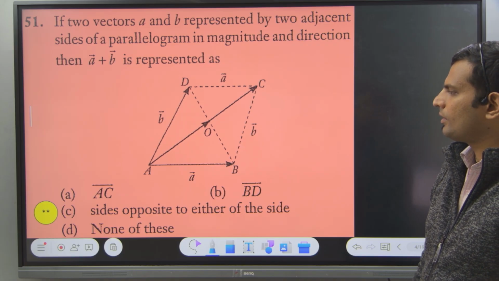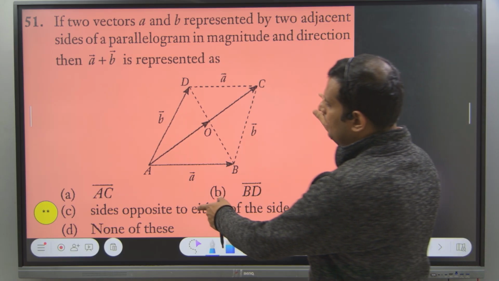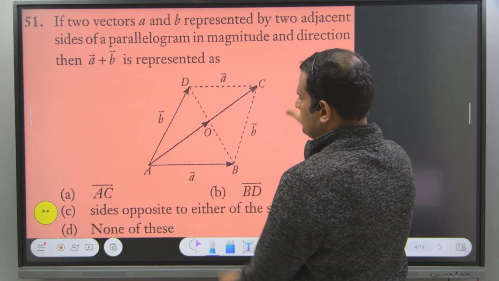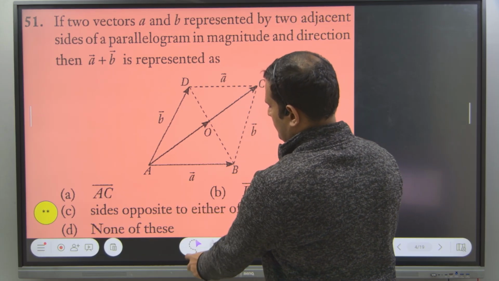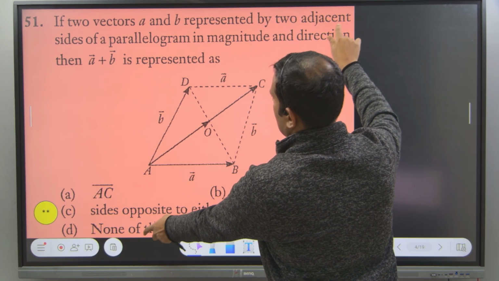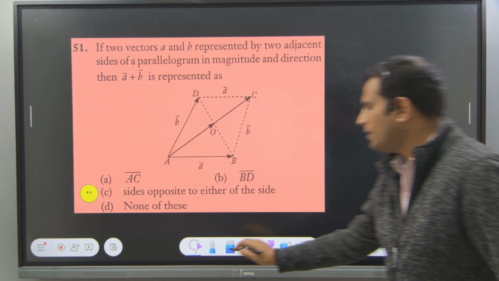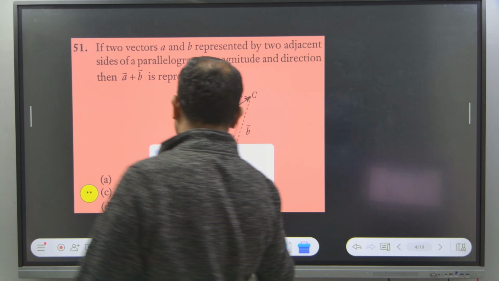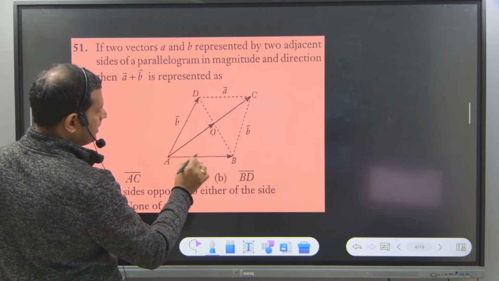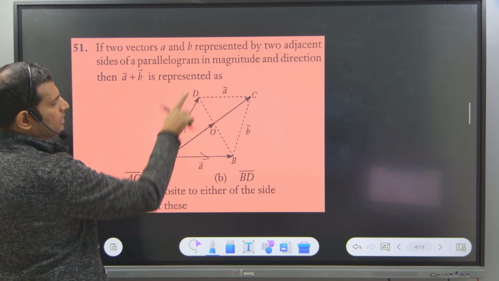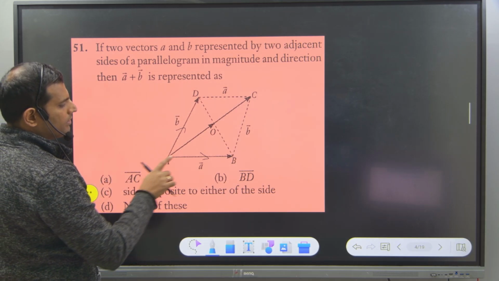Okay. So now this is a very easy question. Can you tell me what is A plus B? Which one is correct? Where do you think is the resultant of vector A plus vector B? This is vector A, this is vector B. What is the resultant of these two?